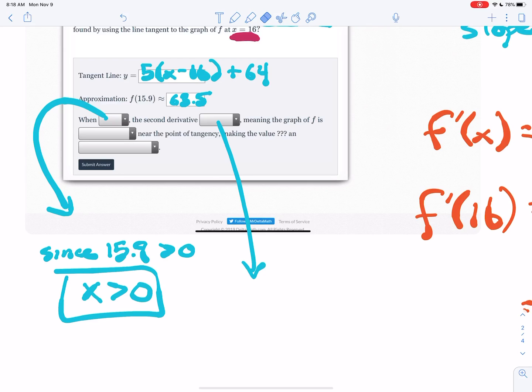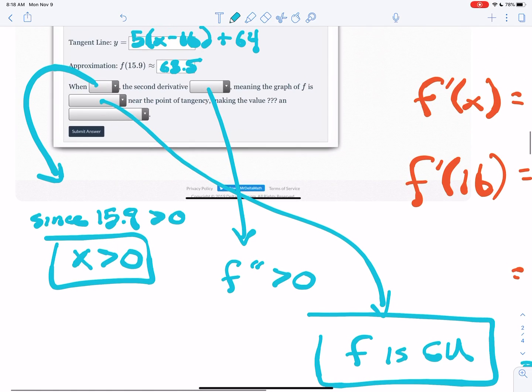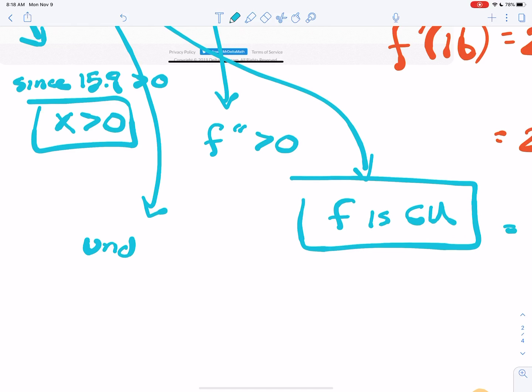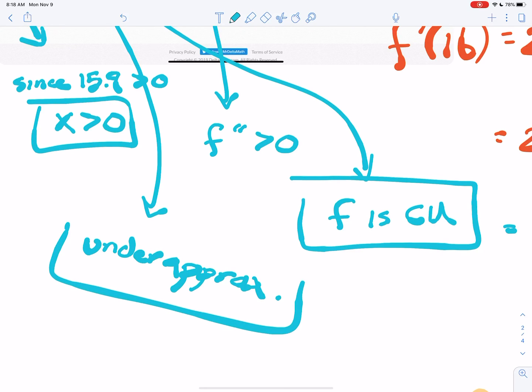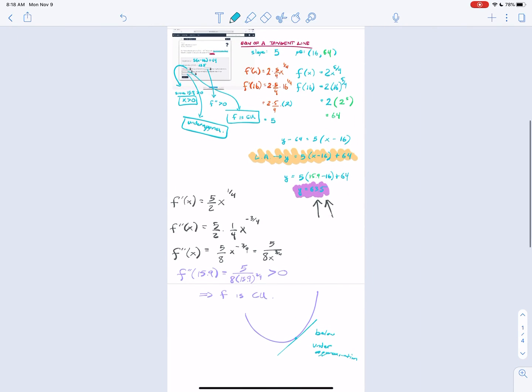We know that the second derivative came out positive, so you're going to select that, meaning that the graph of f is concave up near the point of tangency, making the value an under approximation. There you have it.